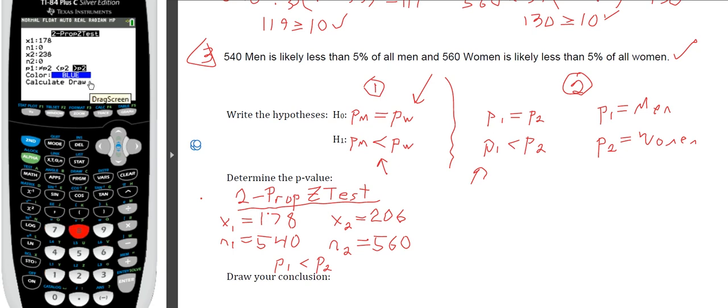We run through that, 178, 540, 206, and 560, and we make sure we do less than. We can calculate, and we get our z-score, our test statistic, of negative 1.329, or negative 1.33. So a little bit more than 1 standard deviation away. And we get a p-value of 0.0918.